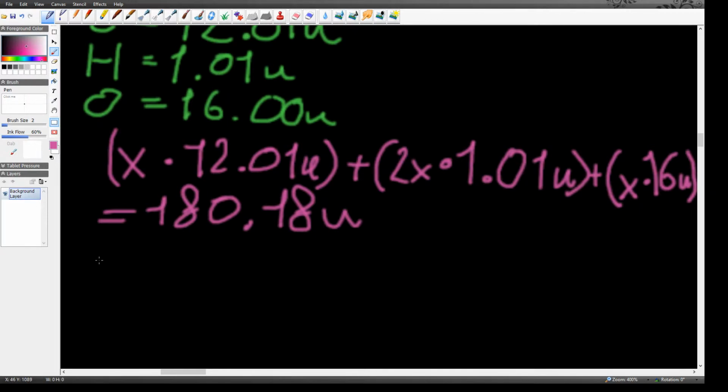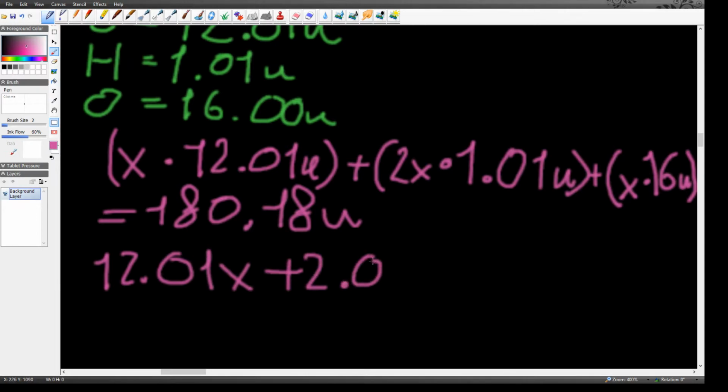So let's see how far we can go with this algebraically. Well, I know that I've got 12.01x plus 2.02x plus 16x. So what does this add up to?